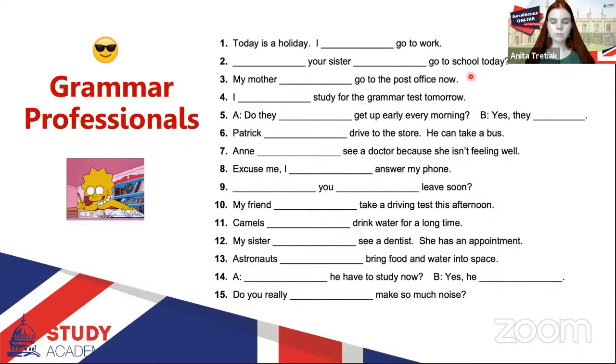Number 7, Anne see a doctor because she isn't feeling well. What can you say about this one? Yeah. 7, Anne has to see a doctor because she isn't feeling well. That's true. Number 8, excuse me, I answer my phone.